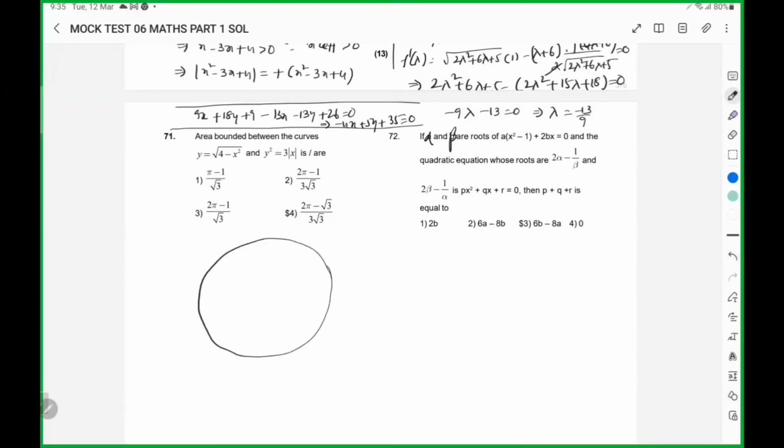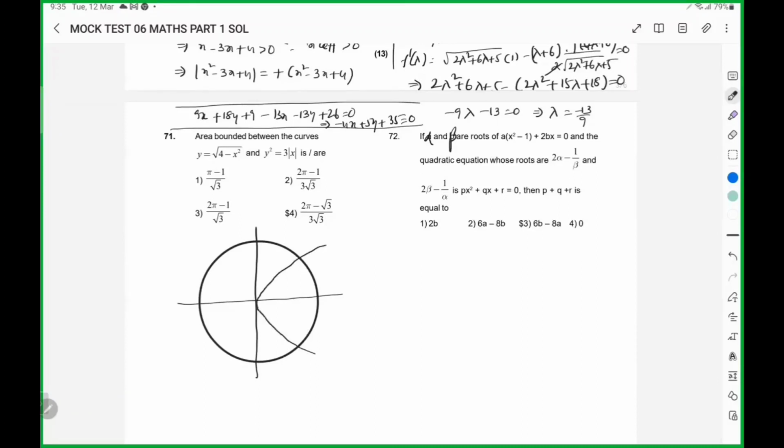The area bounded by the circle, y equal to root of 4 minus x square means upper part, y square equal to 3x.